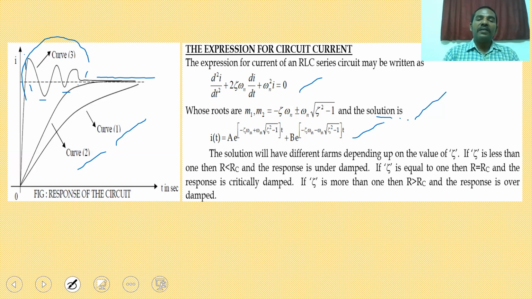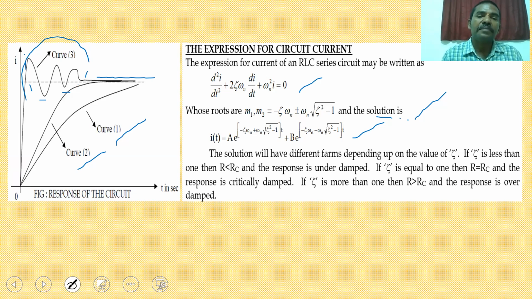So these are the m1 and m2 values. Are you understanding? For a critically damped condition, the roots must be equal and the response must be very fast with less overshoot.